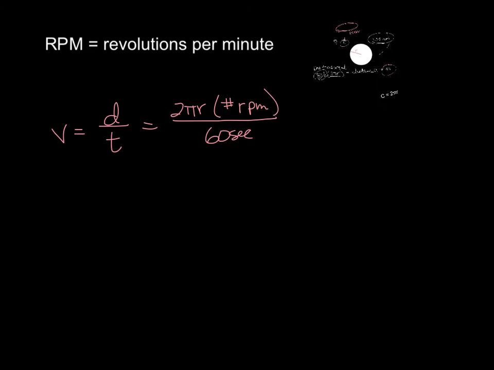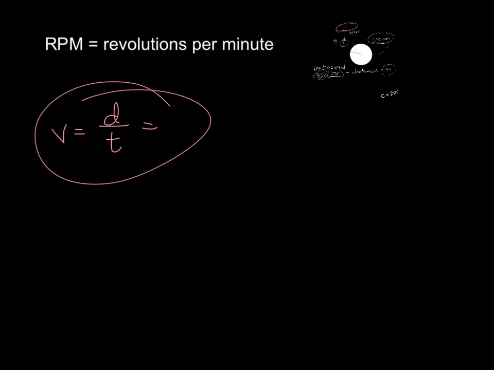You should be able to reason that whole thing out. Okay? I'll be very sad if I see this on somebody's equation sheet. I'm sorry. Because the goal is to not have you use derived equations. This is our equation. Distance divided by time. You can figure out the distance, and it's 60 seconds, because it's per minute. Okay? All right, so that's revolutions per minute.